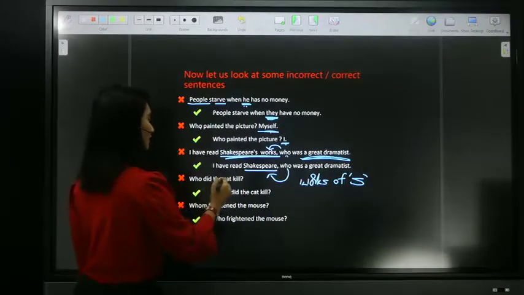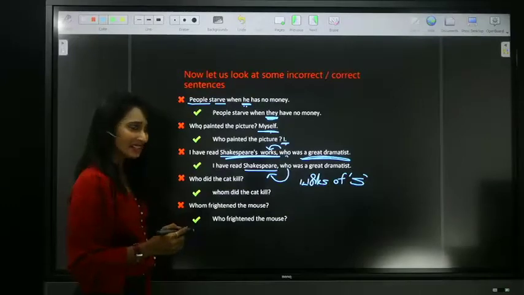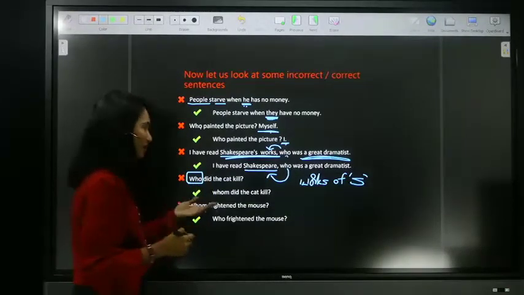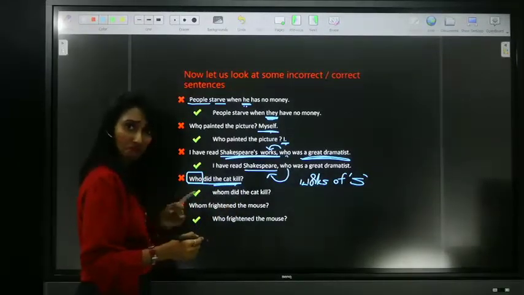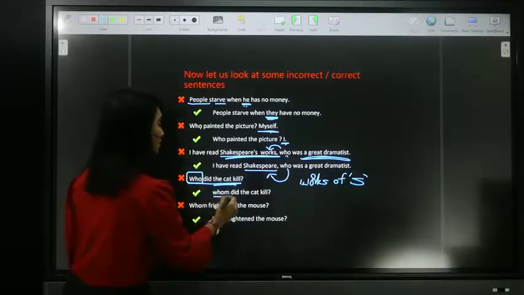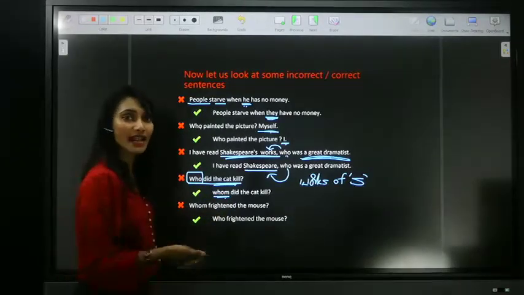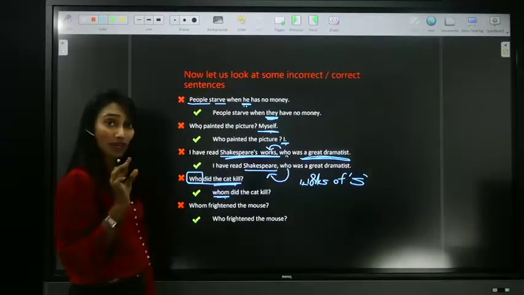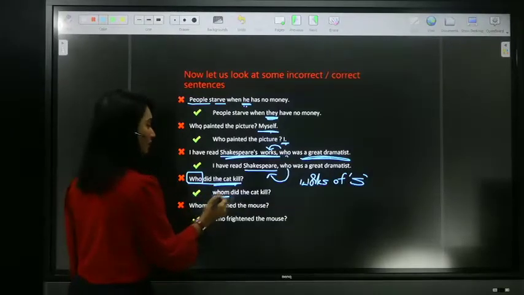Who did the cat kill? Who is a subjective case pronoun. But "who did the cat kill?" Is it giving sense? We require the objective case pronoun. Whom did the cat kill? Not "who did the cat kill." The sentence "who killed the cat" is okay, but the cat killed someone, so we require the objective case.